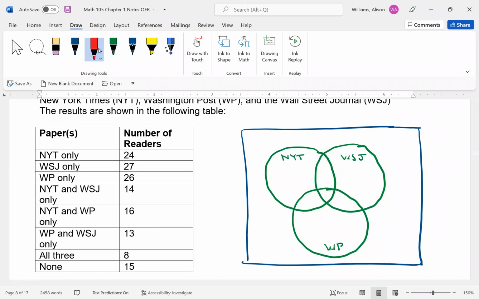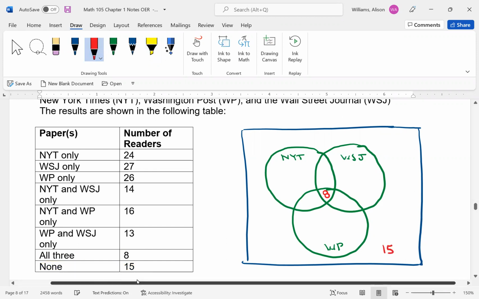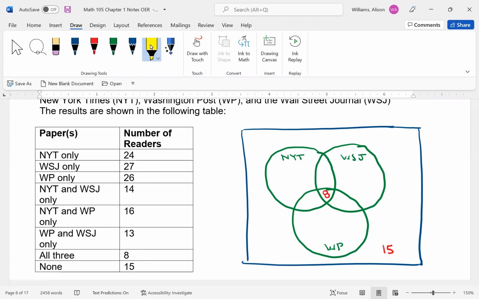All right. So I'm going to fill out this information based on the table. So all 3, that would be this intersection in the middle. And 8 happens to be all 3, right? I'm just seeing that right here. All 3, 8. So that's going to be the middle, the intersection of all 3 of the circles. Another easy one to do would be this last category where it's none. That's going to be 15. That's going to be out here in the universe where they don't read those particular 3. All right. So the fact that they use the word only actually makes our life easy.